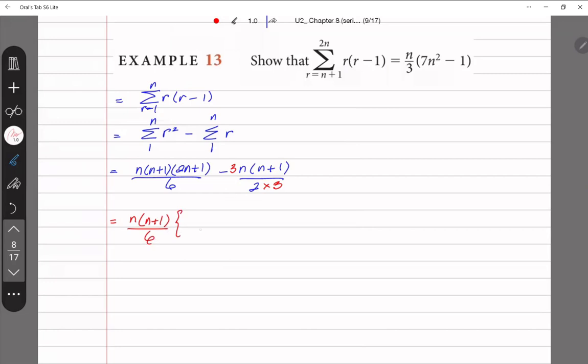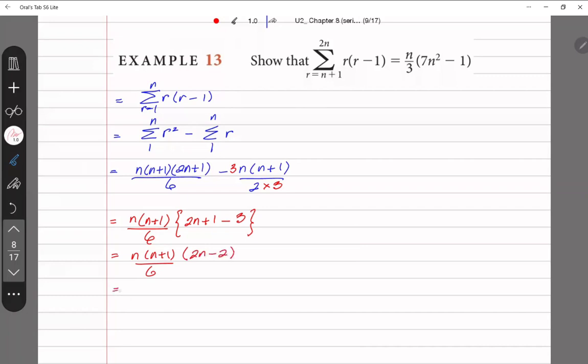Then in bracket, I would have 2n plus 1 minus over here, so to the right, I would have 3. Now, this would work out to be n into n plus 1 over 6. And in bracket here, we have 2n minus 2.